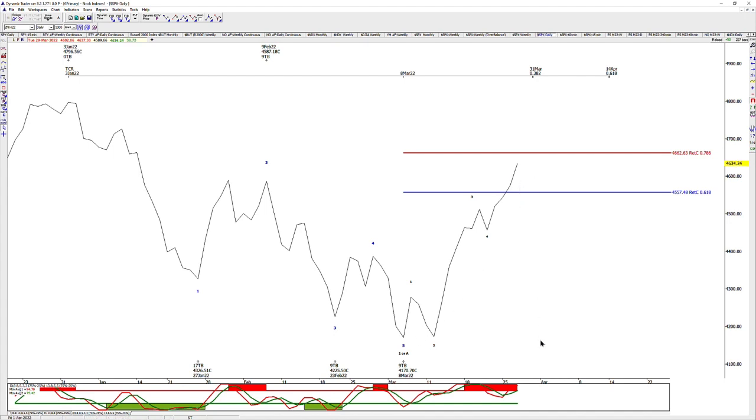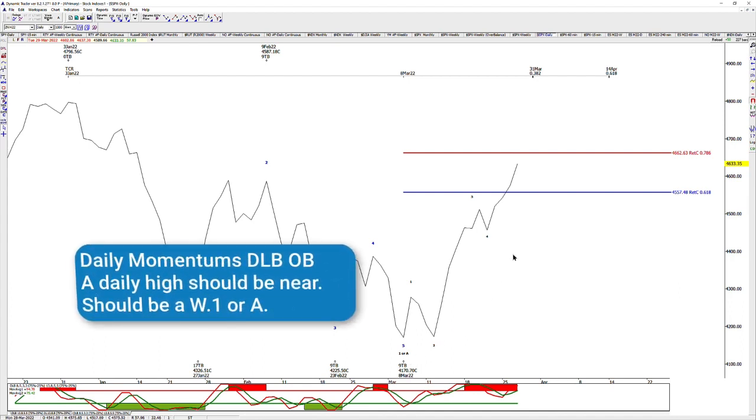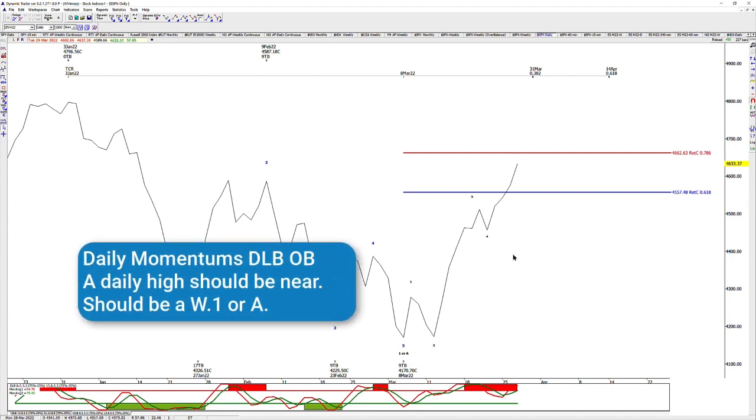Given that the daily momentums have reached dual look back overbought once again, as of the last bar on the chart, more than likely a daily high is very near, but that should be a wave A high. Even if it's beginning an impulsive higher time frame bull trend, this should be a wave 1 or A high.